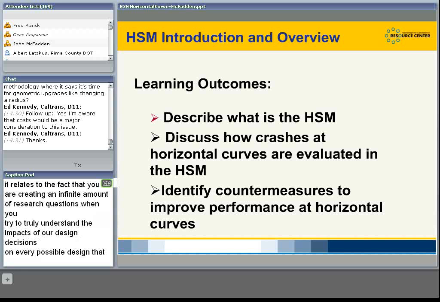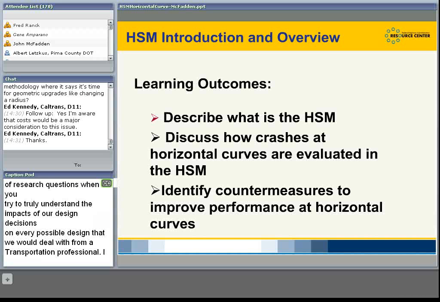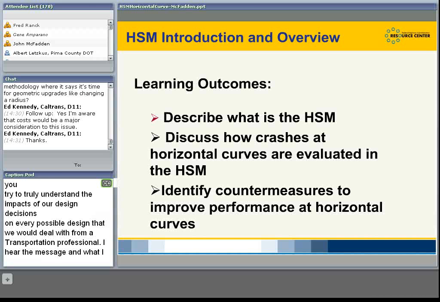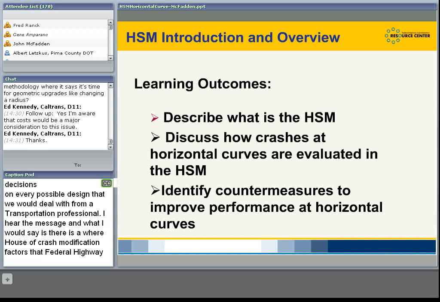And the material that I presented illustrates to date the CMFs that we have available to us related to understanding the effects of the horizontal curve on safety performance.